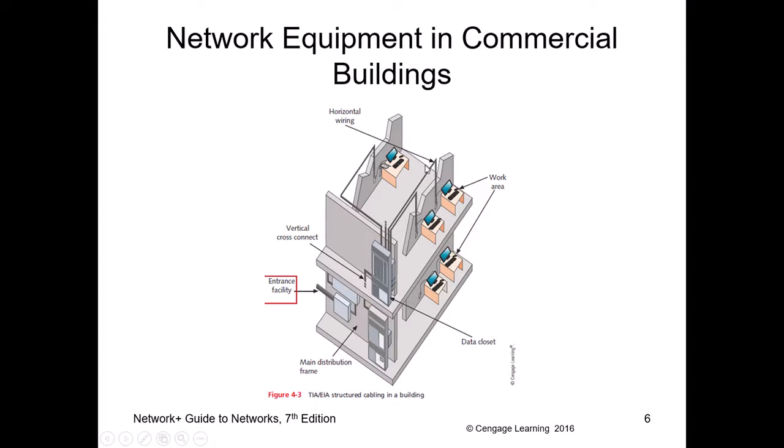When you connect your PC all the way to this patch panel, this is called the horizontal wiring. When you connect from here to the main distribution facility, which could be on the first floor or physically in another building, that's the vertical cross connect. Okay, just to let you know.